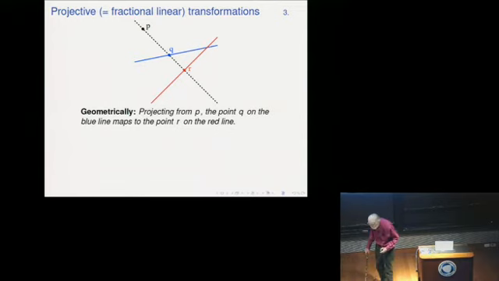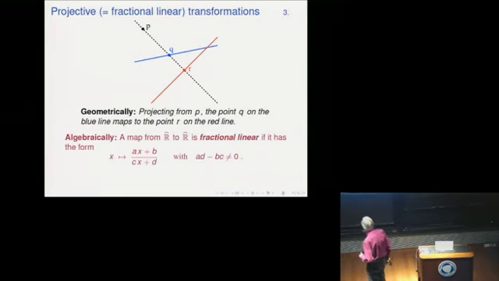A much more convenient way of dealing with it is algebraically, by defining a map from R together with the point at infinity to itself. Well, we can call it projective or fractional linear if it has this special form.